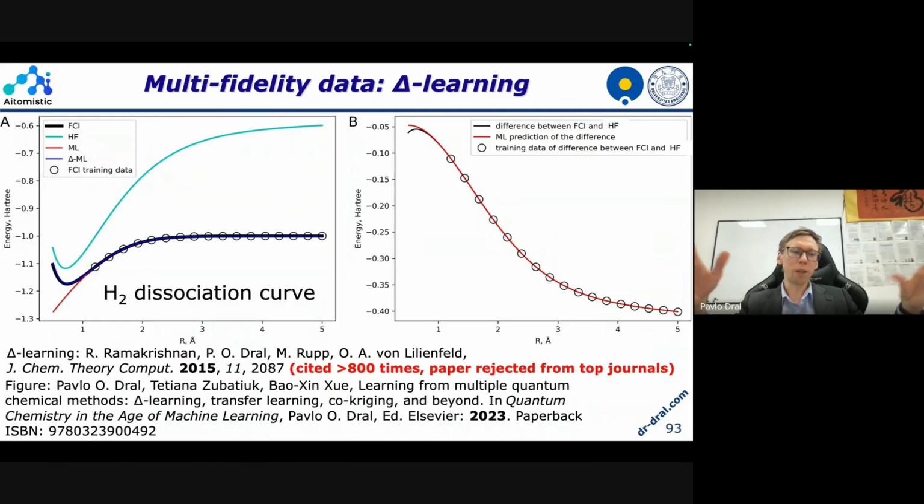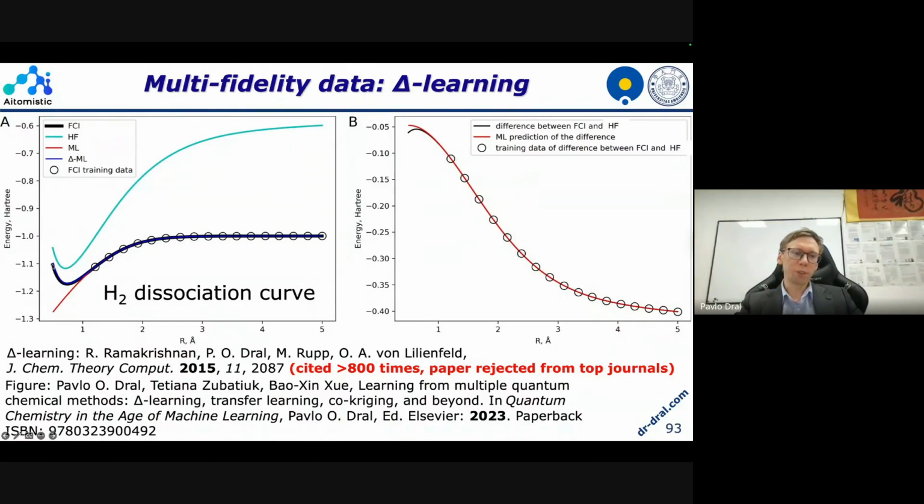The problem with the bad method is that it is not very accurate, but at the same time it is good enough in terms of physical properties. For example, for H2, again, I like this example because it's simple to understand, you see there is a minimum here. So it will not dissociate the molecule, it will not have this improper behavior of the two hydrogen atoms.